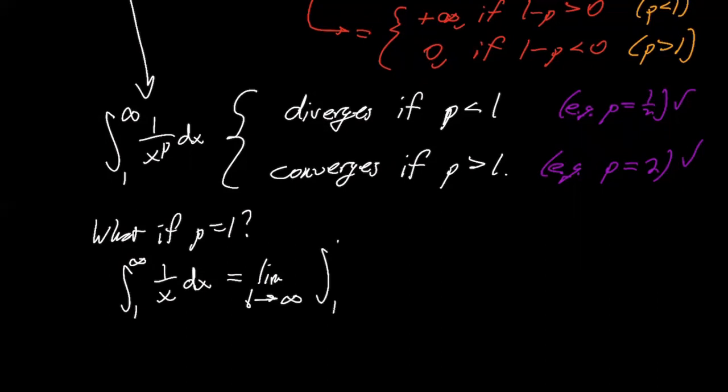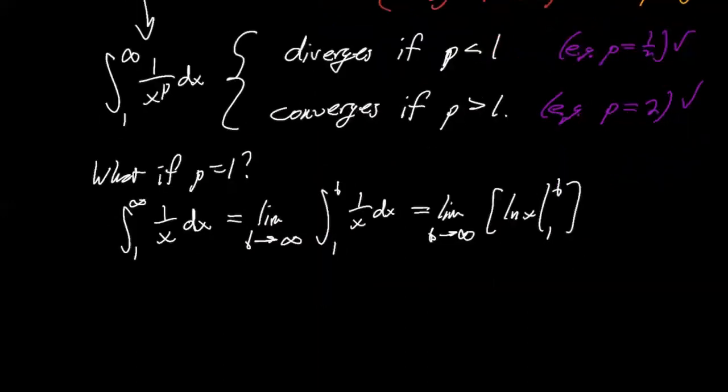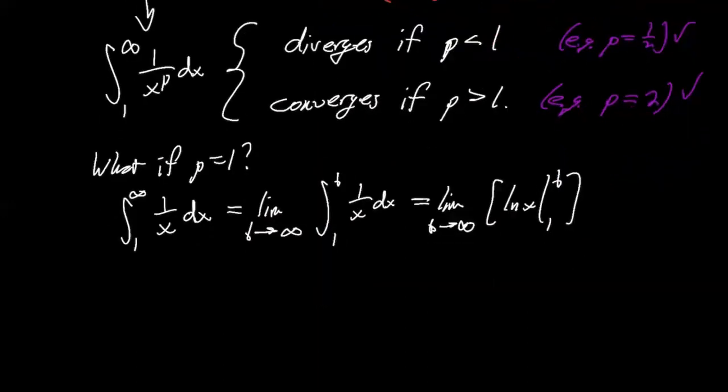So integral from 1 to b, and this is the natural log, right? It's ln x from 1 to b, which is the limit as b goes to infinity.